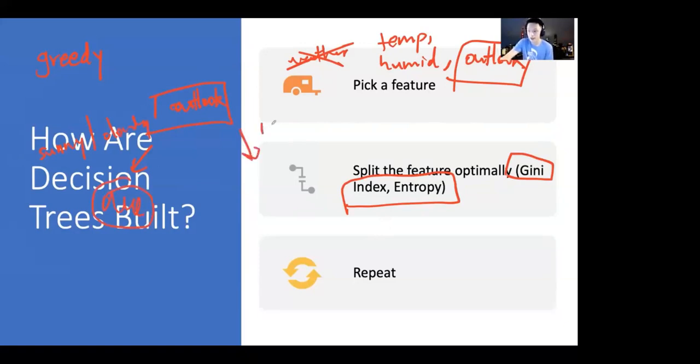And if it's raining, then you have some other problem here. And then you can use what's called recursion to solve each of these different sub-problems. This is a little bit beyond the scope of this course, but this is what you should generally know. To construct a decision tree, you find a feature where if you split it, it'll give you the best optimal split. And basically the idea is if you can split it and most of the decisions that you get are correct, then you're good.